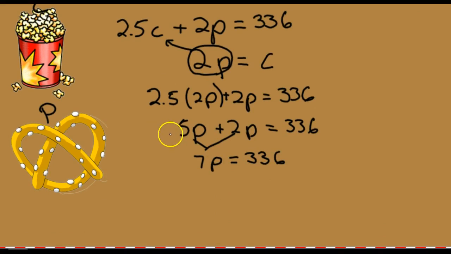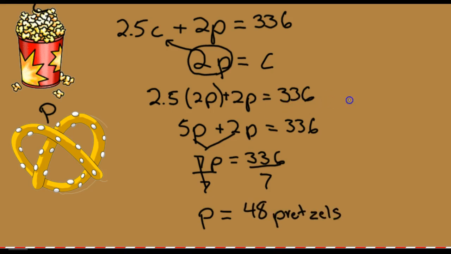Now if we divide by 7, we get p equals 48. So we know that they sell 48 pretzels.